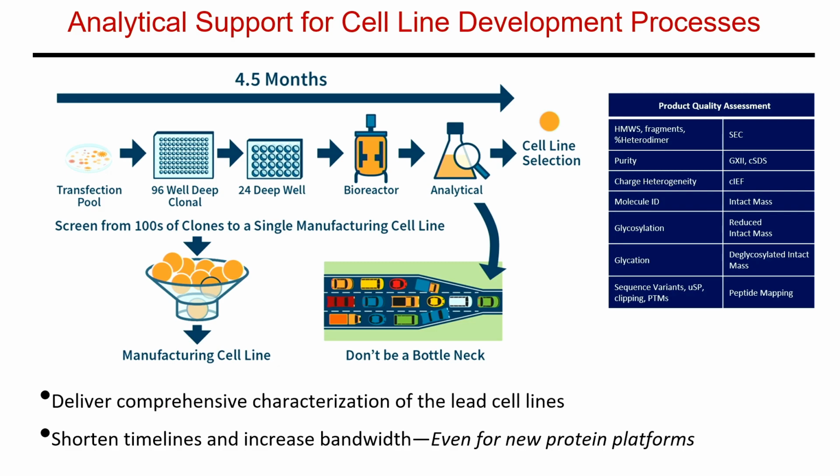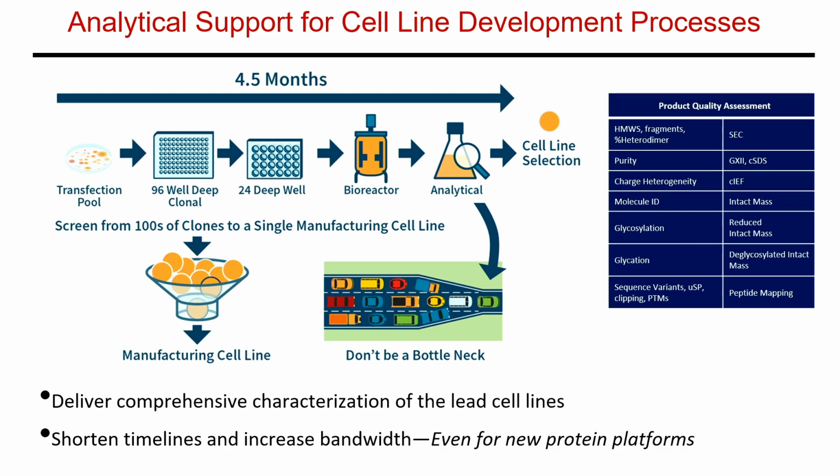From transfection to the selection of the cell line usually takes about 4.5 months. It's pretty aggressive, and we heard aggressive timelines from CMC, but for multi-specific, this is pretty fast, and we are using fit-for-purpose analytical methods through each stage of this process.